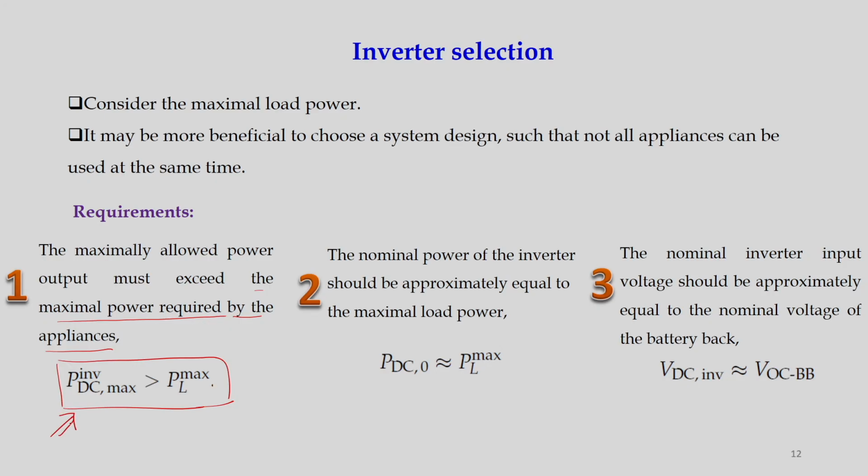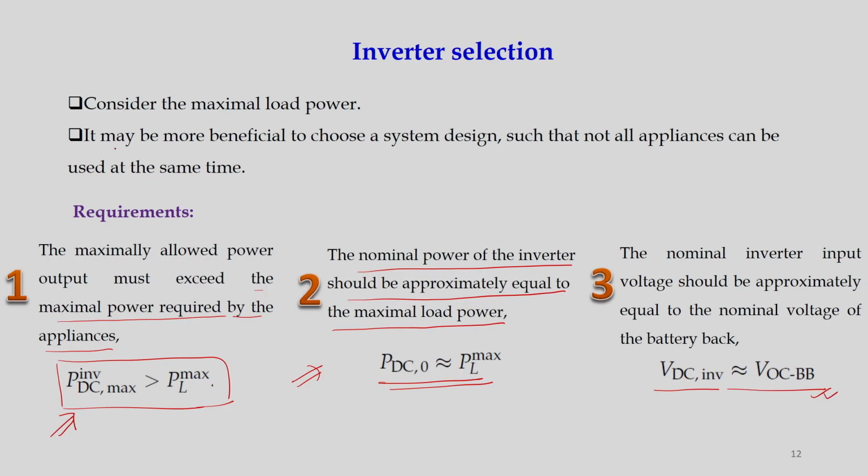This is one requirement, and the second requirement is that the nominal power of the inverter should be approximately equal to the maximal load power. And the third requirement is that the nominal inverter input voltage should be approximately equal to the nominal voltage of the battery bank. Okay. This VDC of inverter has to be equal to VOC of battery bank, right.